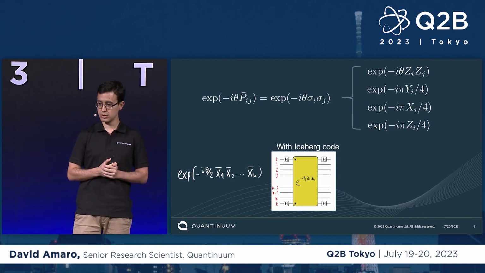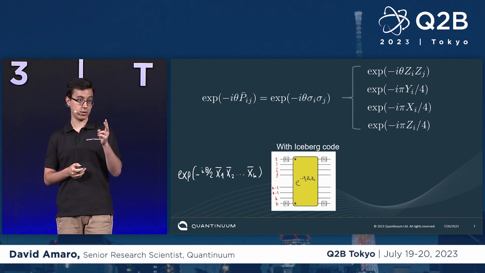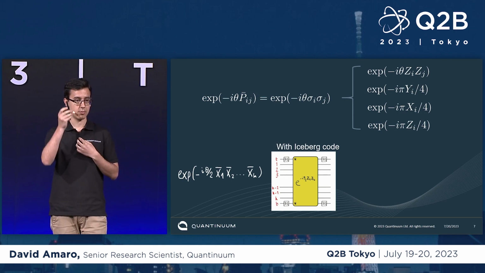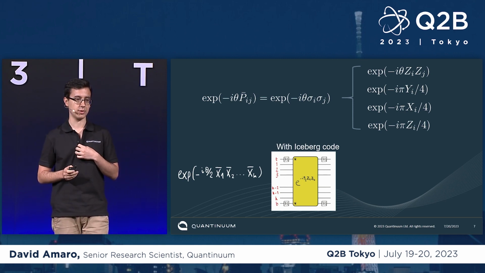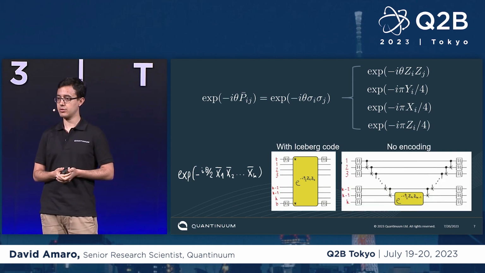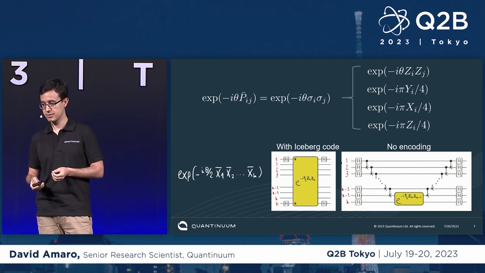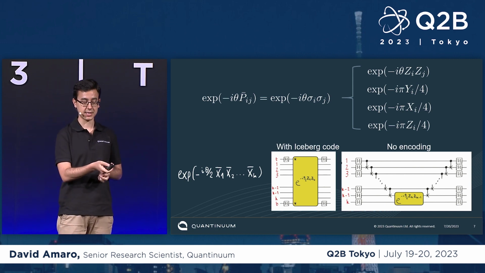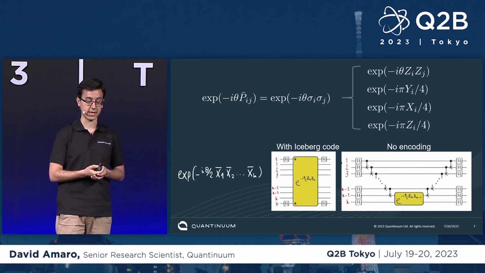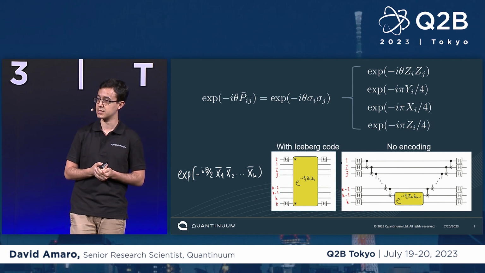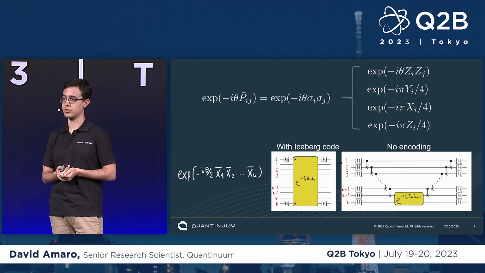Using the iceberg code, this gate can be implemented using a single entangling gate, a single Mølmer-Sørensen gate between the top qubit and the bottom qubit. Without the iceberg code, what you need to do is a complete staircase of CNOT gates, of entangling gates. So you can clearly see that the implementation of this gate with the iceberg code is extremely clean, and without the iceberg code has a lot of noise.